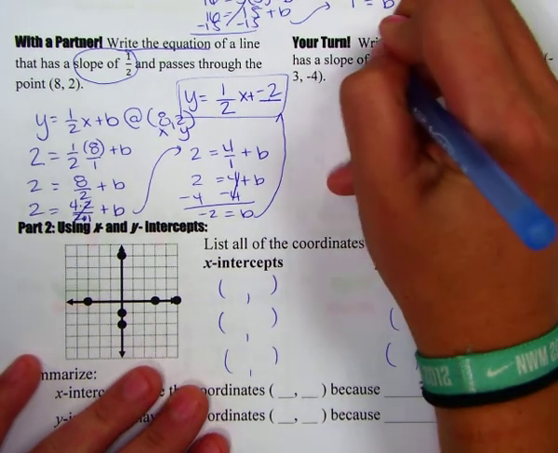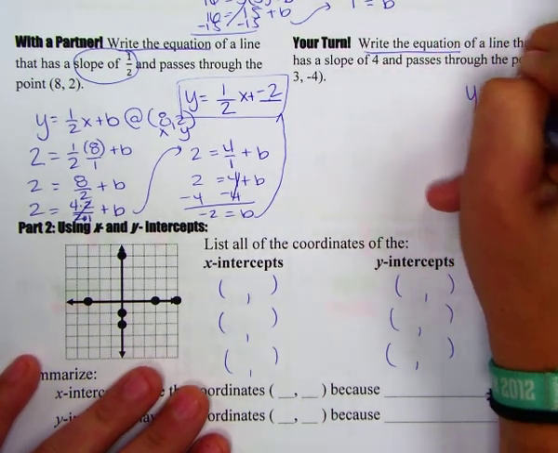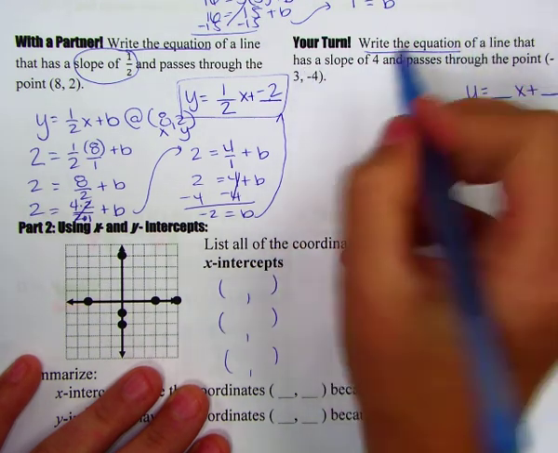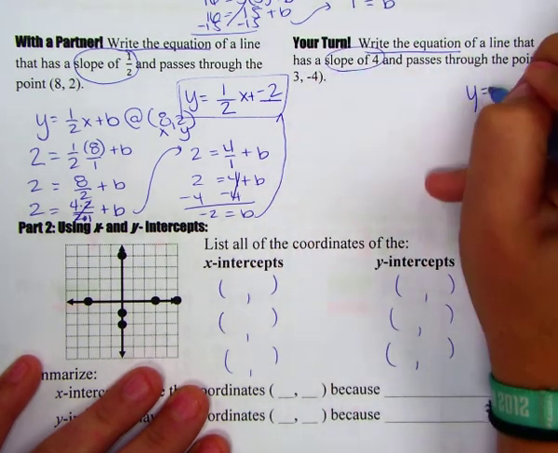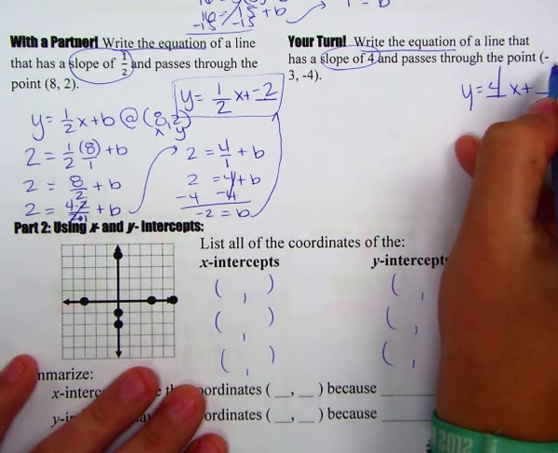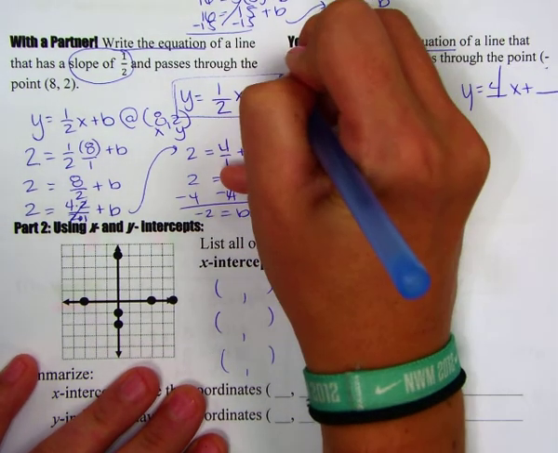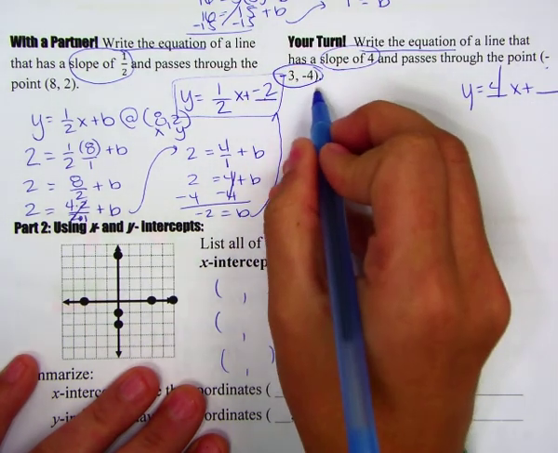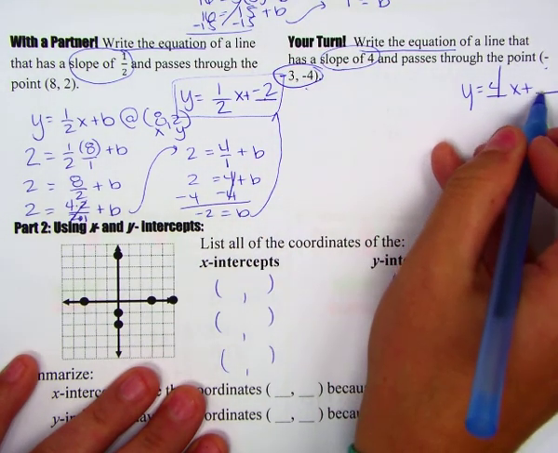Next one, write the equation. So I'm going to write the skeleton of a line that has a slope of 4. So I'll substitute in my slope and passes through the point (-3, -4). So I'm going to substitute this point in to solve for b.